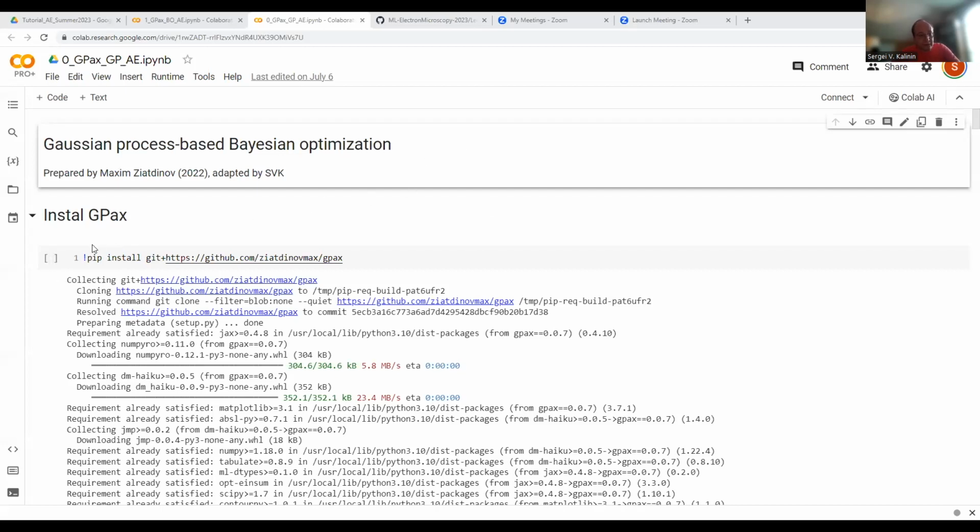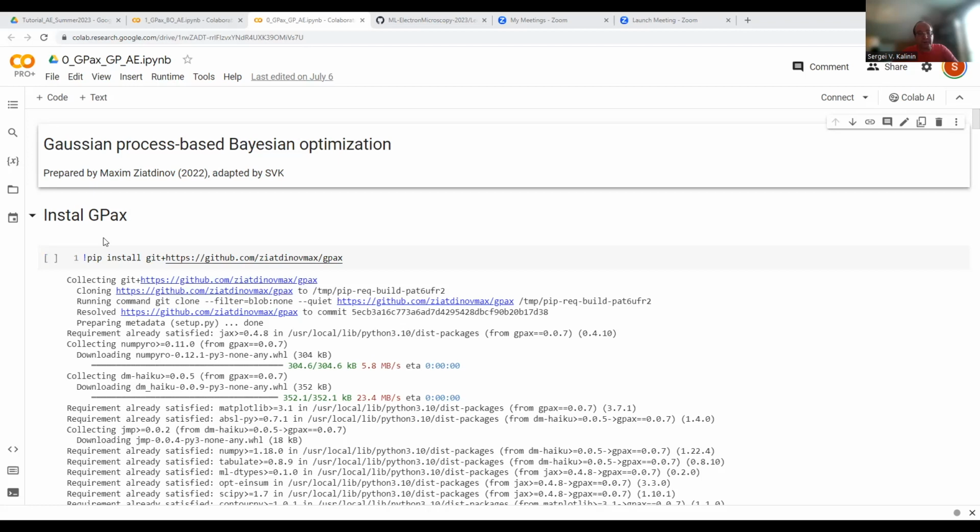In the beginning, for Gaussian processes, we are using the GPAX library developed by Maxim Ziatdinov. Obviously, there are now multiple solutions for Bayesian optimization, most notably BoTorch, developed by Facebook. There are GPflow, and simple Gaussian processes as part of scikit-learn. So why was GPAX developed? First of all, it was developed before BoTorch became public.